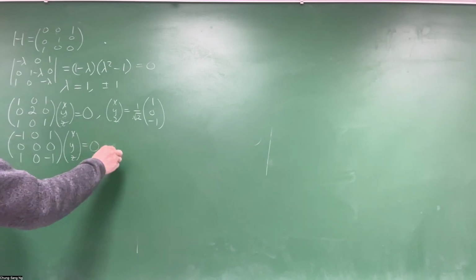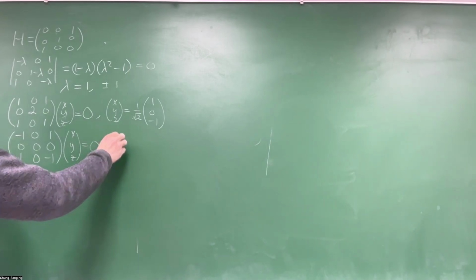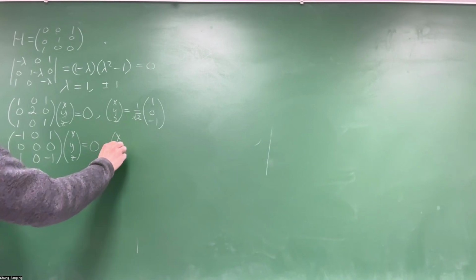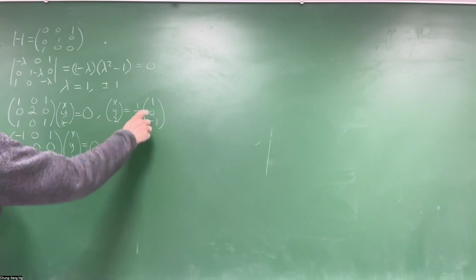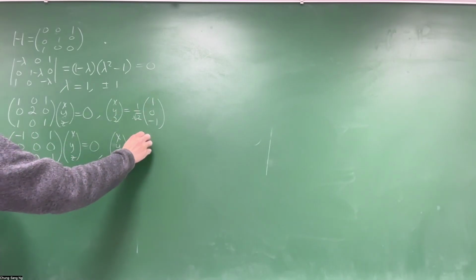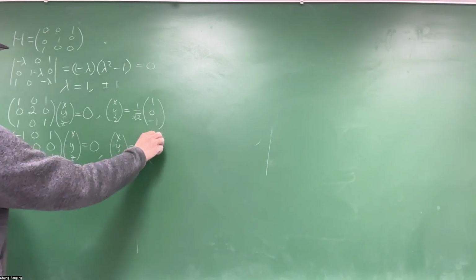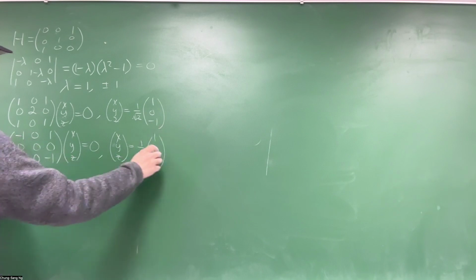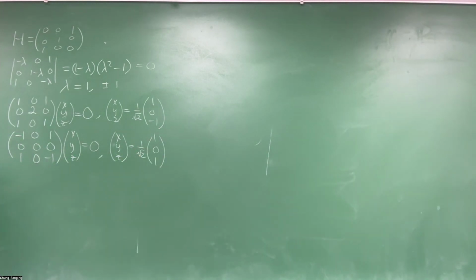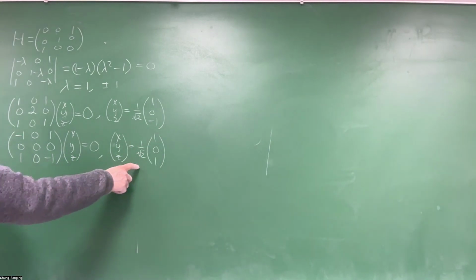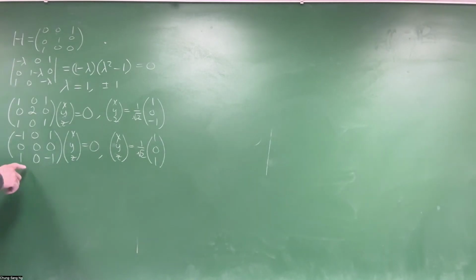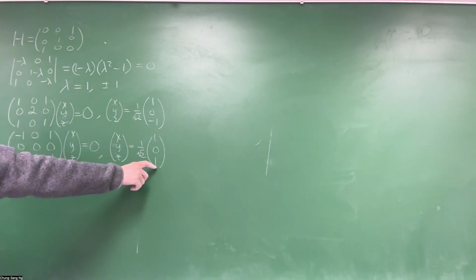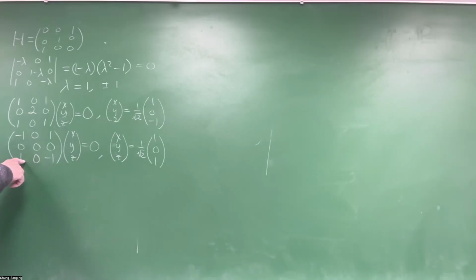There are two solutions. One is just like the previous one, except that both components have the same sign. That solves this equation. But there can be a second solution that is linearly independent of this one.